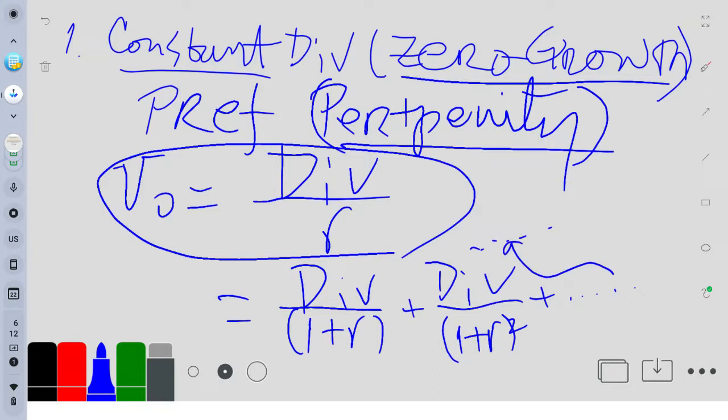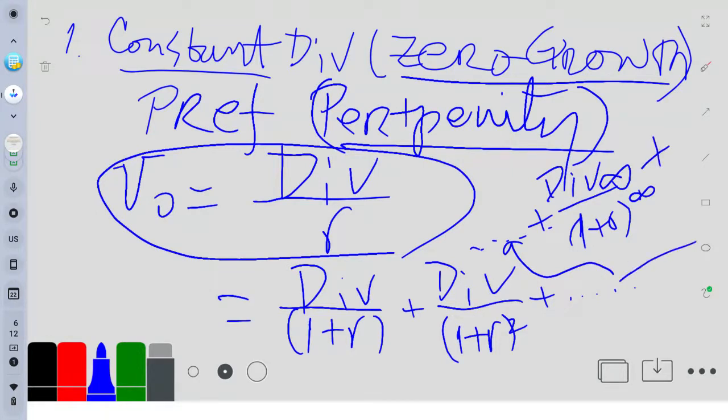Let's say, I told you, dividend in the infinite future, then discounted by 1 plus r raised to infinity, right?